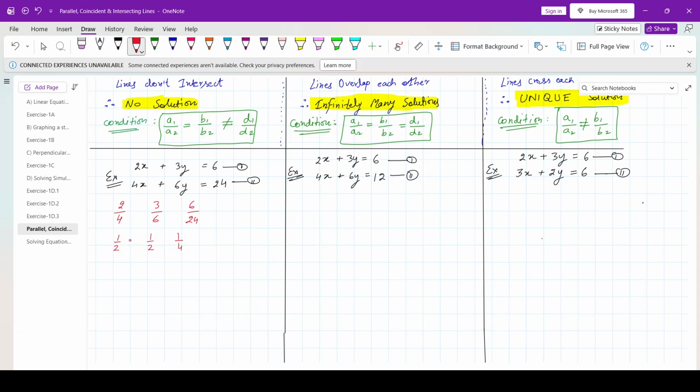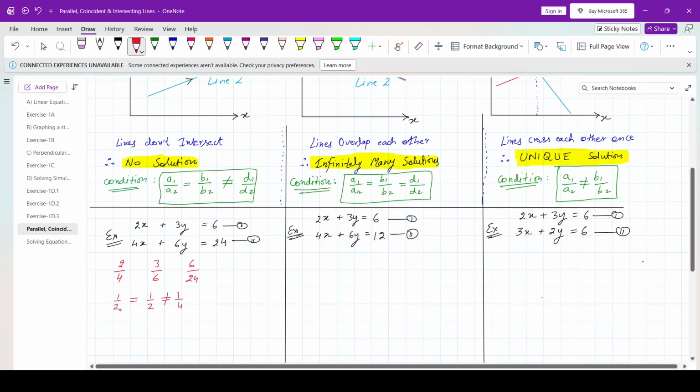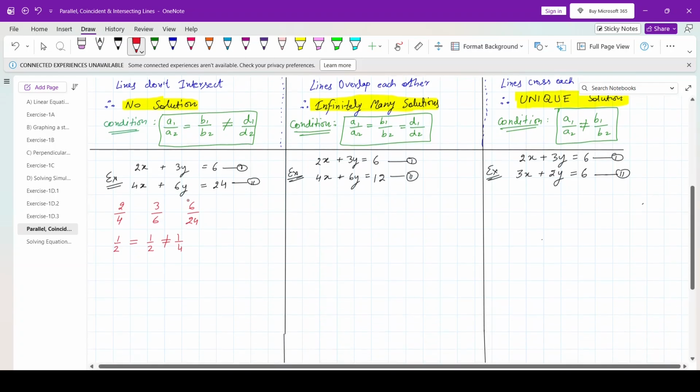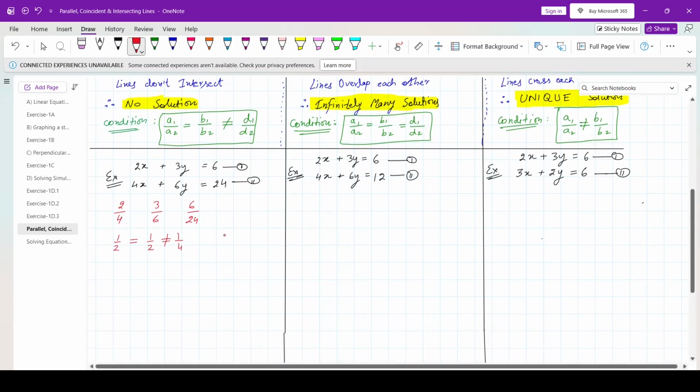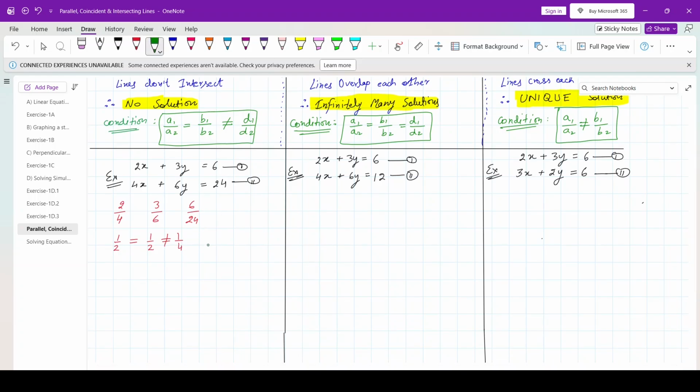So we can definitely say a1 by a2 is equal to b1 by b2, but it is not equal to d1 by d2. Checking the conditions above, this scenario meets the condition given here. We can say these lines don't intersect, they are parallel lines.